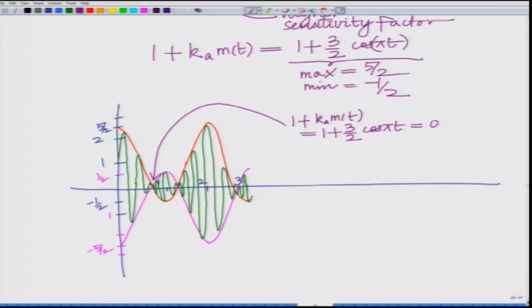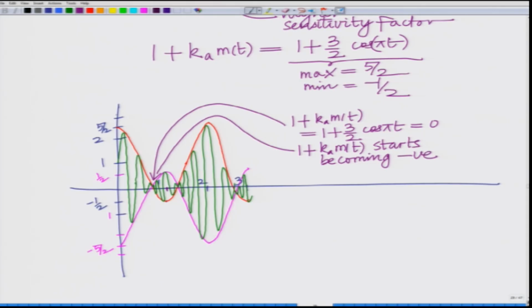So at t equal to 1, at this point it basically starts to go negative, correct. So, this is your point 1. At this point, 1 plus k m(t) starts becoming negative, correct.